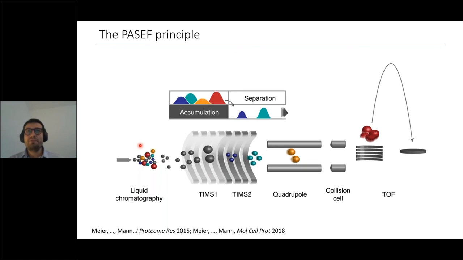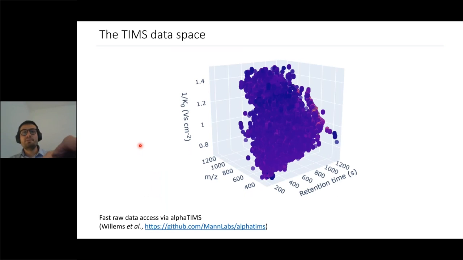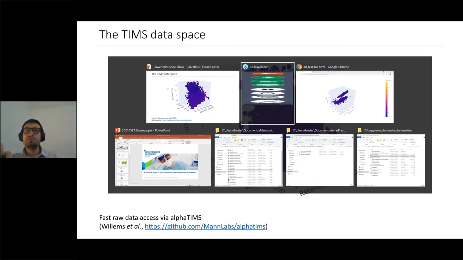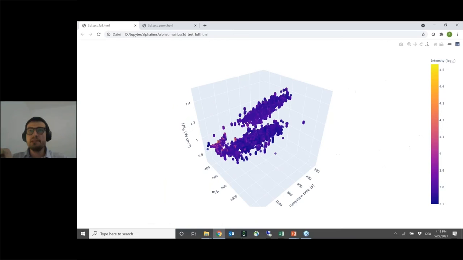And particularly for DIA, when looking at this figure, now our data becomes three-dimensional. So we have data in the m over z dimension, we have data in the retention time dimension, and in addition, we have this ion mobility separation. And if the technology now allows me to just switch my screen, and I hope you still see it, we can actually browse into such a three-dimensional data set and look at how the peptides are distributed in there.